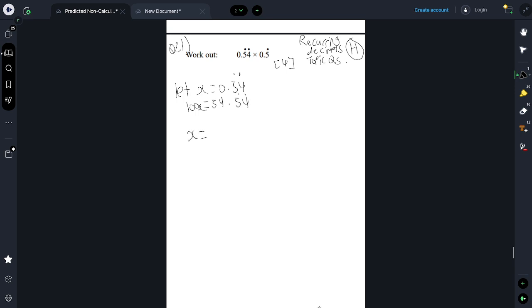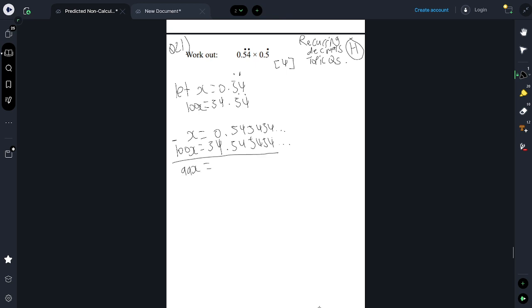So if we write this out, recurring just means it goes on in this pattern forever. So x would be 0.545454, and then 100x is going to be 54.545454. Now what you want to do is subtract x from 100x, so that means you're left with 99x.